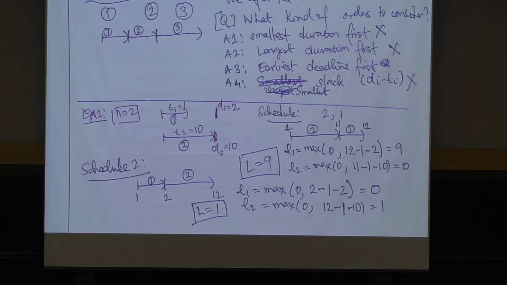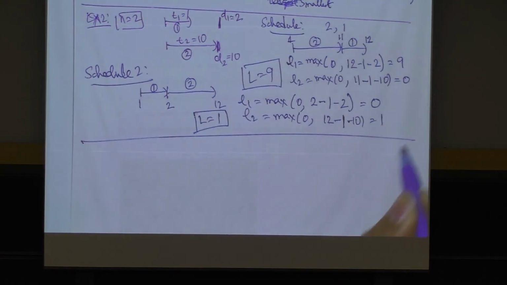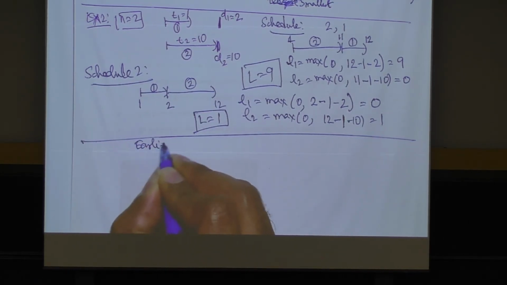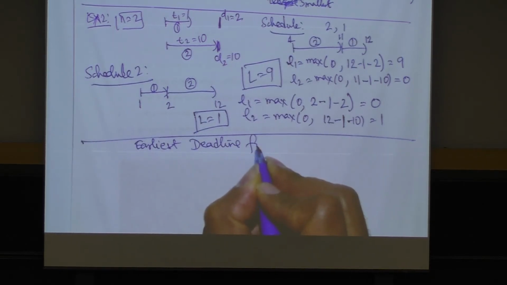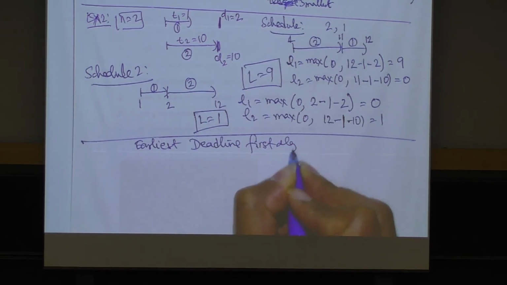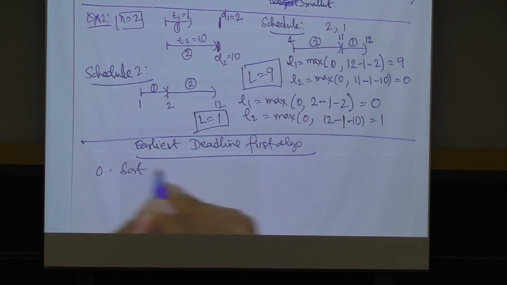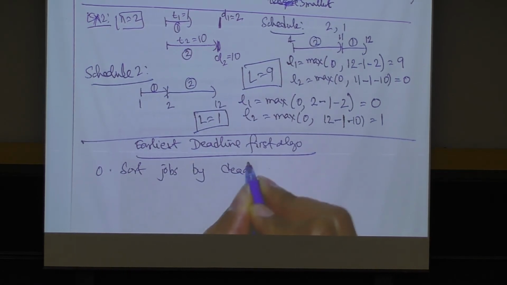And so what I'm going to do next is write down the pseudocode for this, do a quick half minute runtime analysis, and then we're going to look at the correctness from Friday on. Okay. So this is also known as the earliest deadline first algorithm. And so you sort jobs by deadline.